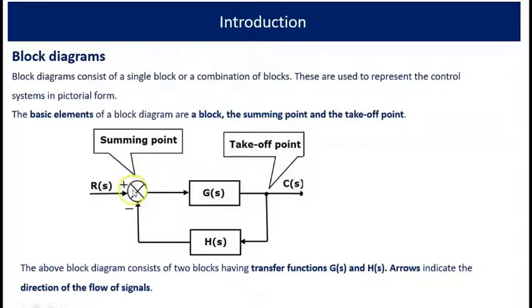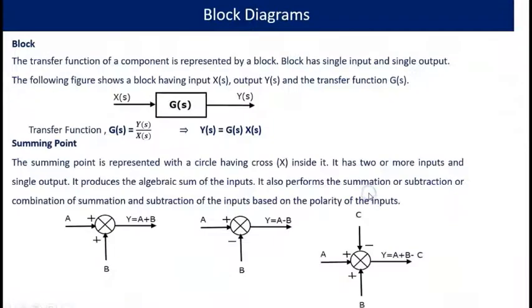Basic elements are summing point, takeoff point, and block. Arrows indicate the direction of flow of signals. Now what is a block? The transfer function of a component is represented by a block.